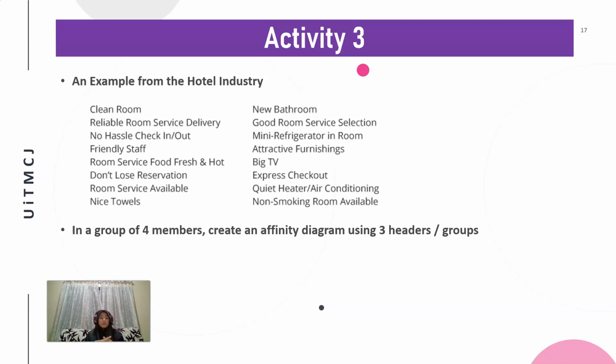What is room service food fresh and hot? Try to discuss with your friends. I hope that you can get something from these activities. Try your best to solve all the activities related to the critical thinking tools and methods.